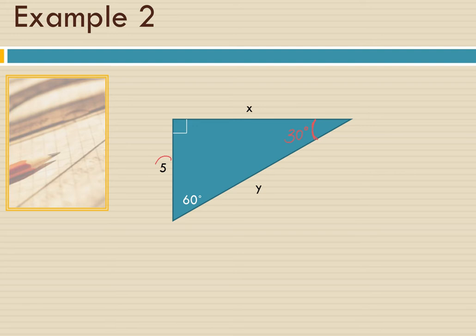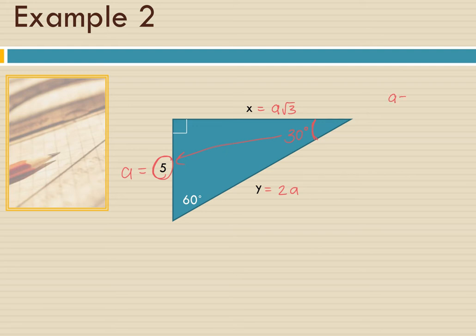So this 5 is going to be our smallest side because it's across from that 30, okay? So this is our smallest side. Let's label it A, okay? X is then going to be equal to A times the square root of 3, and Y is going to be equal to 2 times A. So we've got 3 equations.